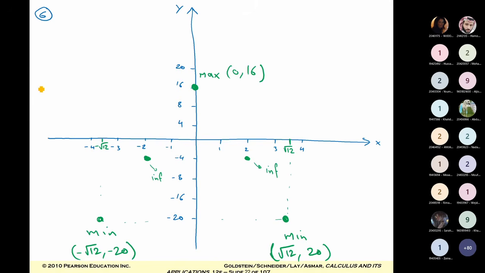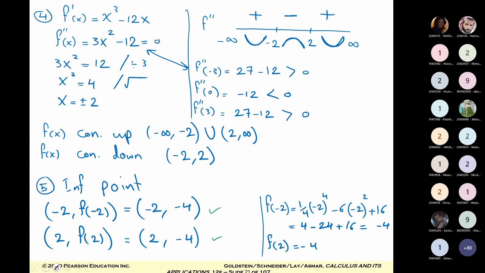Okay. Now the function has decreasing and increasing, decreasing and increasing like this. Okay. Now we need to apply the concavity. Look at this concavity, up at this interval and down at this interval.